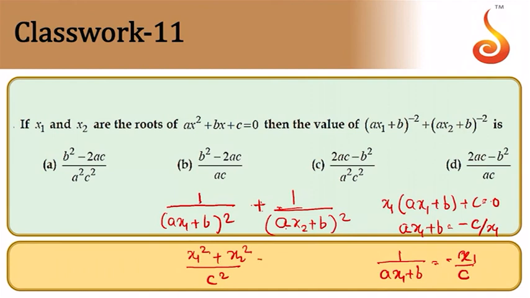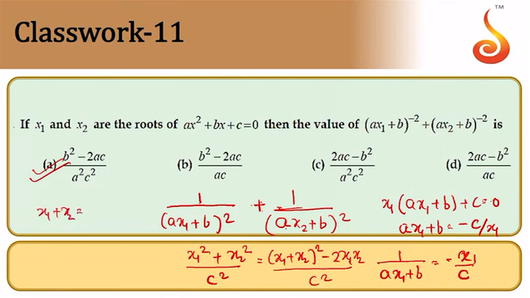So this value will give you how much? x1 square plus x2 square by c square. So this again can be written as x1 plus x2 whole square minus 2x1 x2 by c square. So sum of roots, x1 plus x2 whole square minus 2x1 x2.